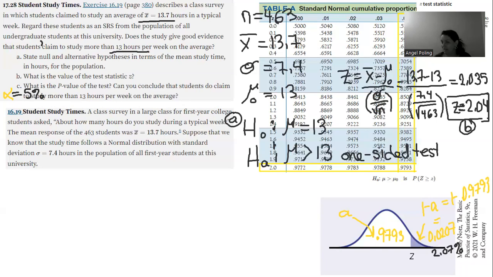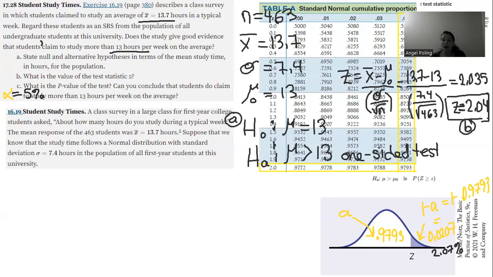So it does not appear that our result is due to chance. It does seem significant. So we're going to reject the null hypothesis and we're going to accept what the students are saying. We believe them now. They do appear to be studying more than 13 hours a week. So can you conclude that the students do claim to study more? I hate the way this one's worded.